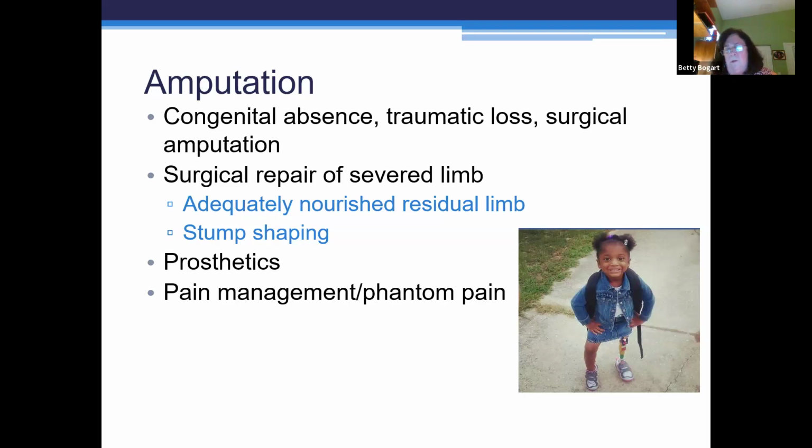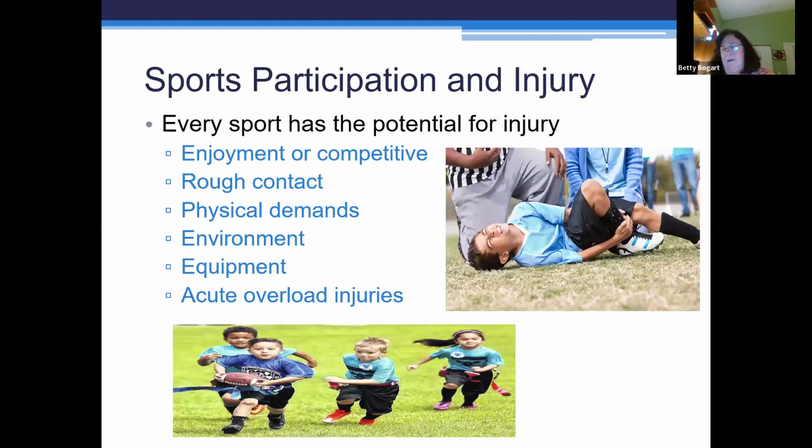Our goal when we have to remove any part of the body, especially arms or legs, is to keep an area where a prosthesis can be placed so they can continue being mobile. That's the big thing. Keep them mobile. Also, again, making sure they're pain-free or as little as possible.